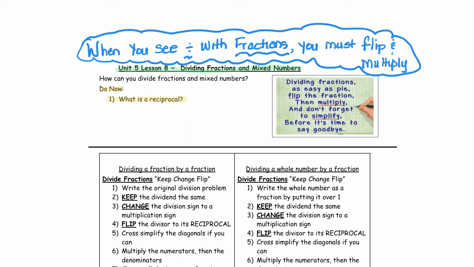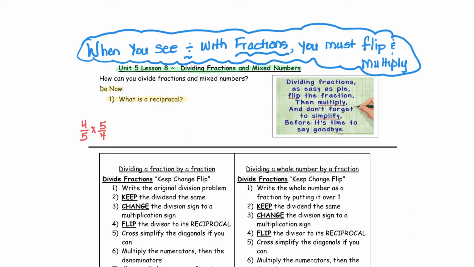So for example, if I had the fraction 4/5, the reciprocal of 4/5 would be 5/4. Okay? It's a technical term, so watch.